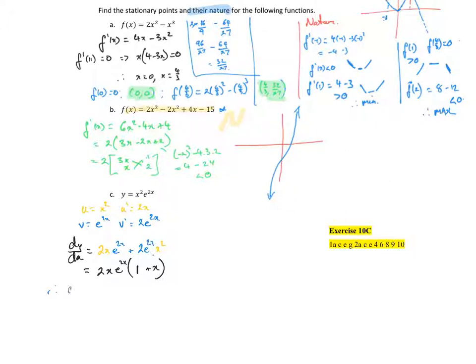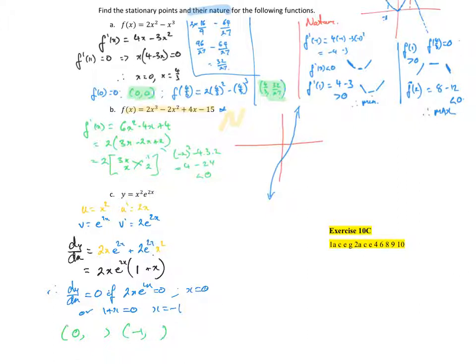So dy dx equals 0 if 2x e to the 2x is equal to 0, which implies x is equal to 0, or if 1 plus x is equal to 0, so x is equal to negative 1.